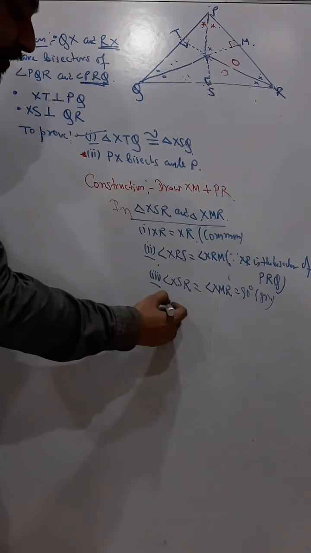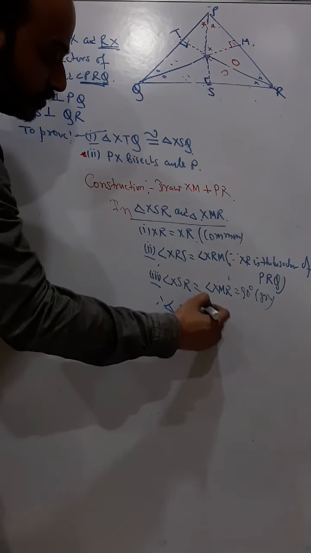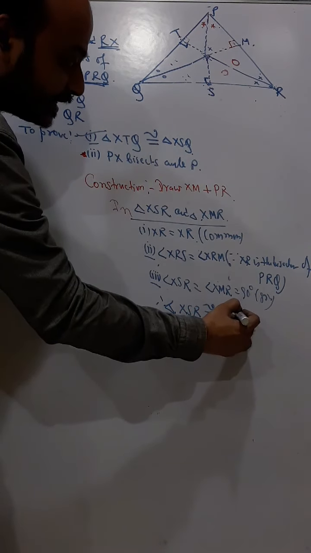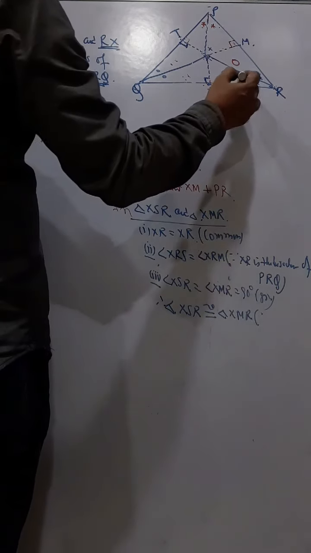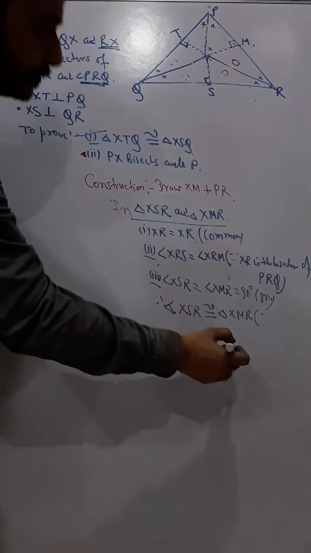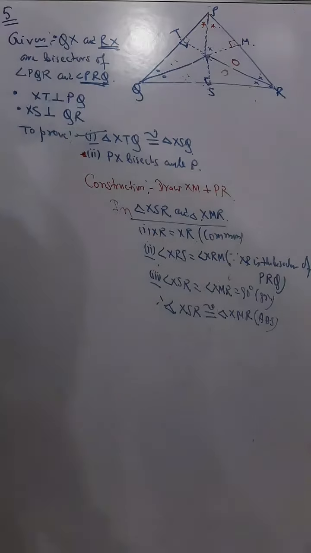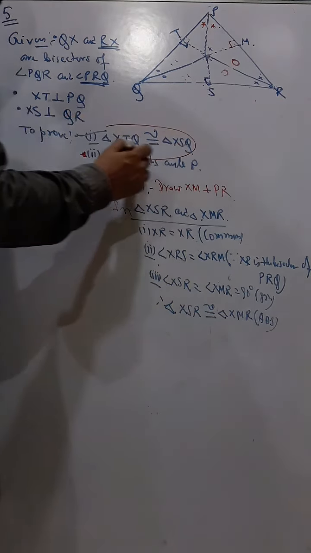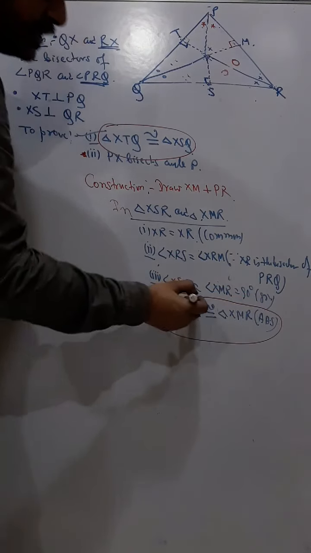And now here we can say that triangle XSR is congruent to triangle XMR, and here also we can say it is angle side. Okay, so now you can understand we have proved this pair of triangles congruent.